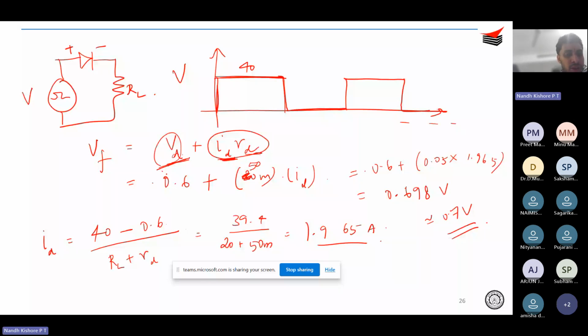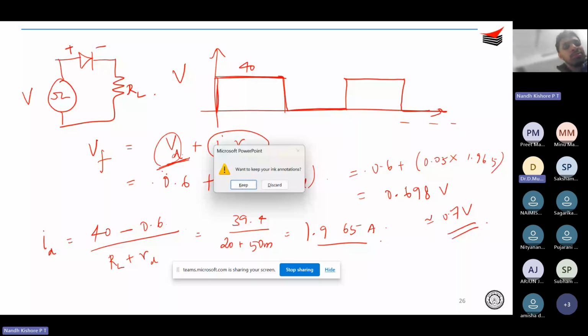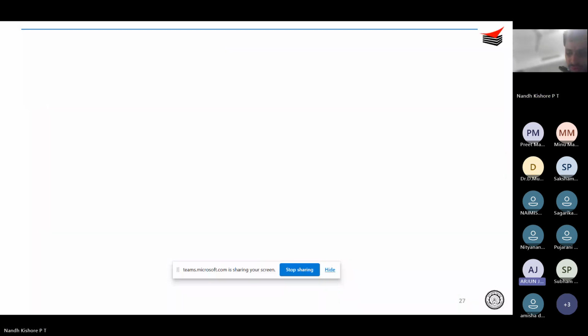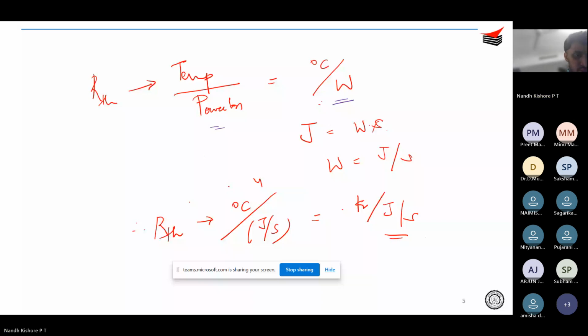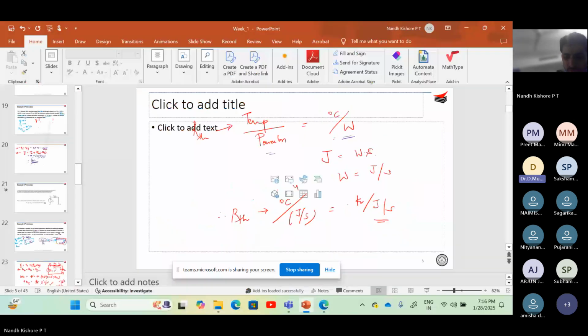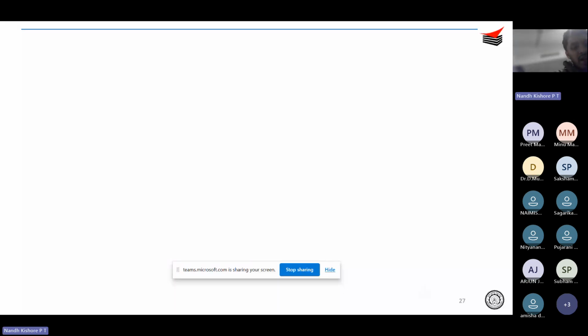So let me draw this in a better manner for you guys to understand. You had a voltage source and you have a diode, and this is the RL.